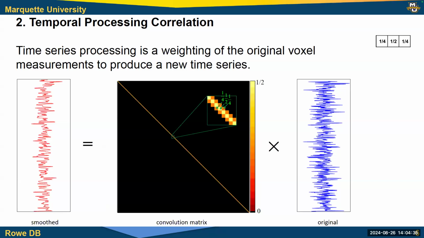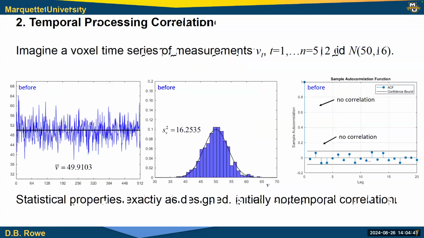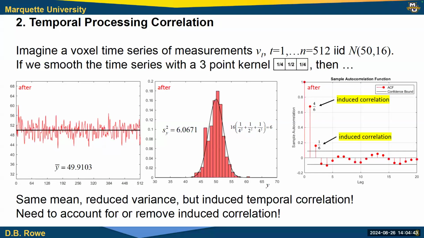But when we've done this processing of, say, a 3-point simple binomial filter, afterwards, in red, we still have the same mean, but we have decreased our variance, of course, because we're averaging. We've decreased it by a factor of the sum of the squares of the weights, which would reduce it from 16 in that example down to 6.